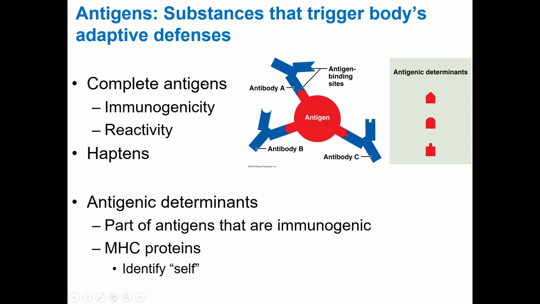In terms of the antigenic determinants, it is the part of the antigens that are immunogenic that is actually going to provoke the response. So they have different receptor shapes, which we've all seen a lot in the last year talking about the coronavirus and the spike proteins on it, because those are what the vaccines actually work on.